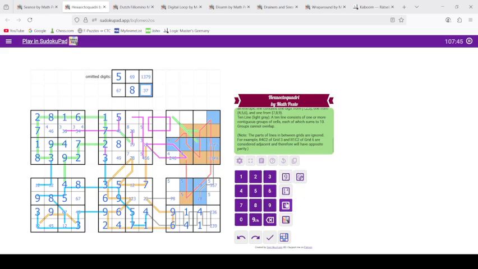Two is therefore not the odd one out there. It has to be 3 or 7. This is 3, 5, 7, or 9. This is not 5. It's 2, 6, or 8.